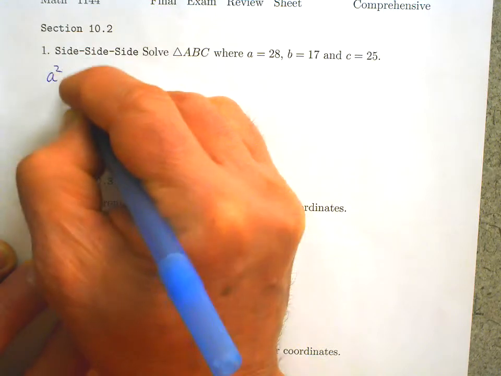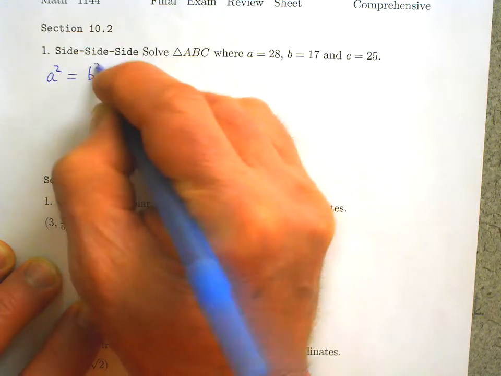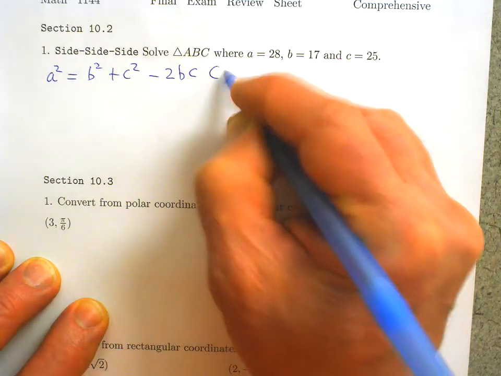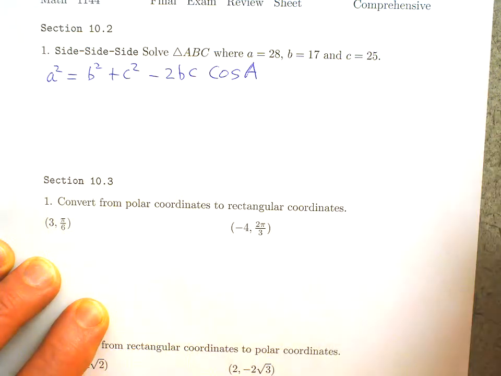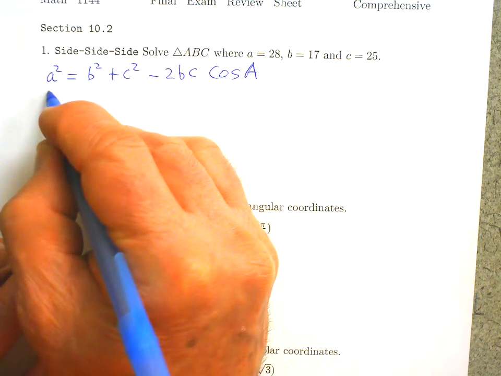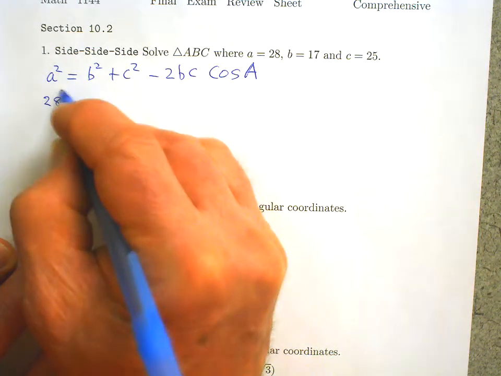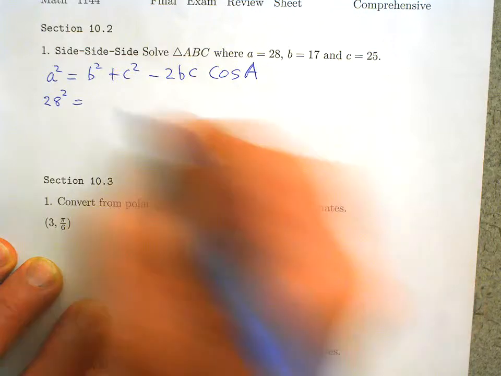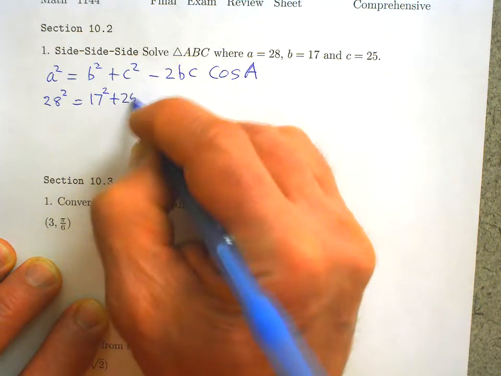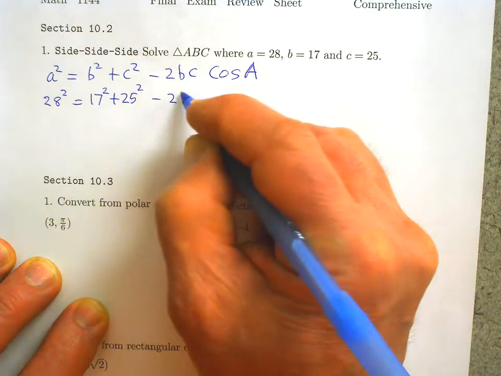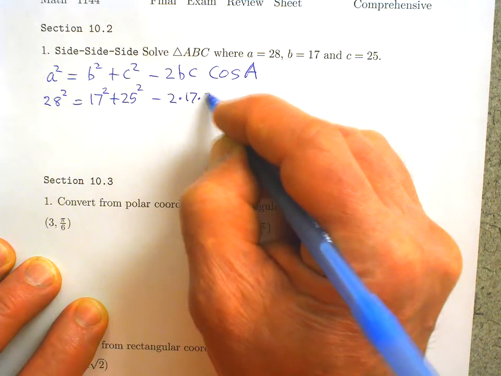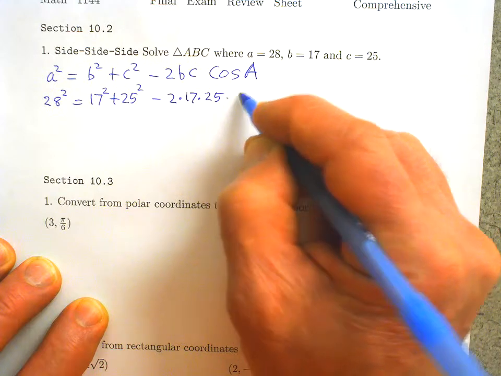A squared equals B squared plus C squared minus 2BC times the cosine of angle A. Okay, so A squared, 28 squared equals B squared, which is 17 squared plus C squared minus 2 times 17 times 25 times the cosine of alpha.